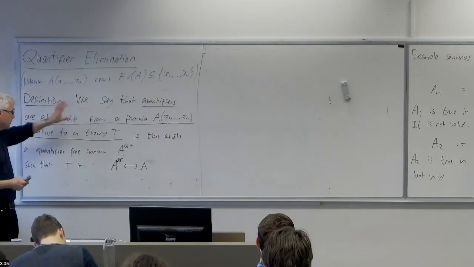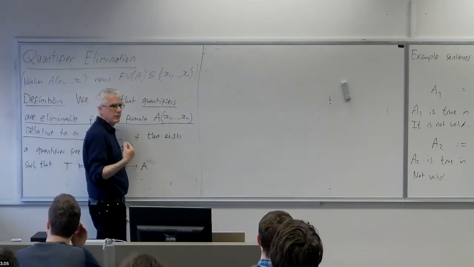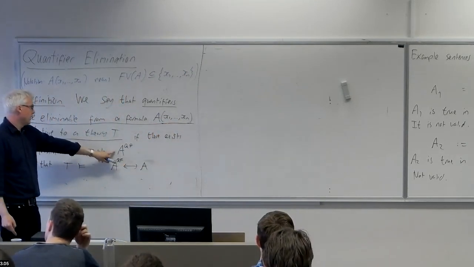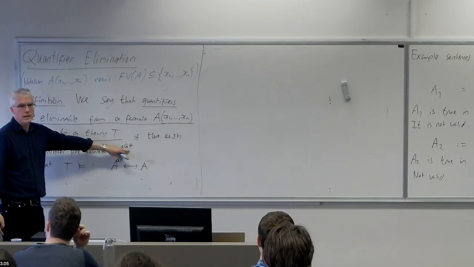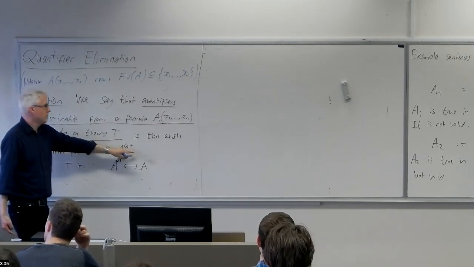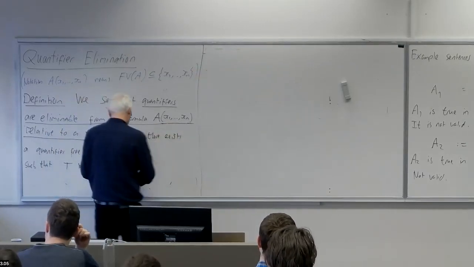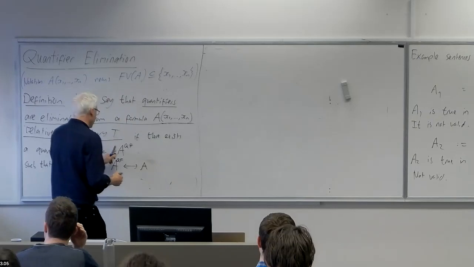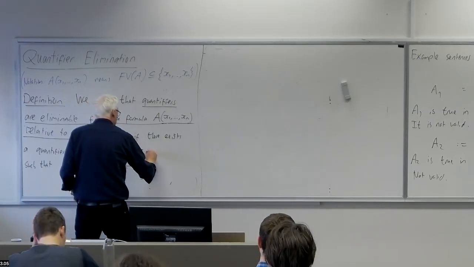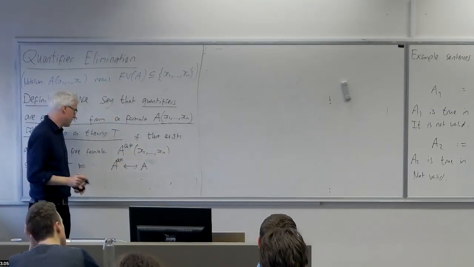And the important subtle point, to say that quantifiers are eliminable for a formula, is that it's crucially important that the quantifier-free formula does not introduce new free variables beyond those that we've already said it can have. So we require that there exists a quantifier-free formula that has no more free variables than the ones we've already identified.